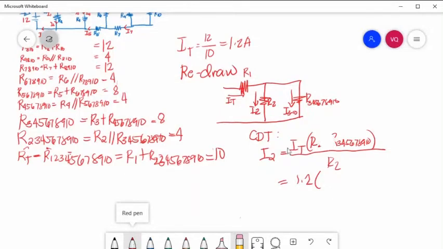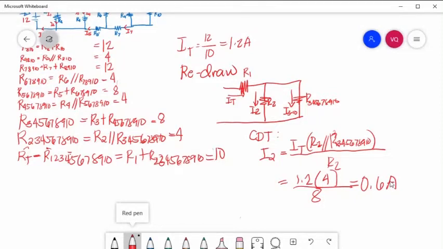Sorry. So this is R2 in parallel with R3, 4, 5, 6, 7, 8, 9, 10. So 4 divided by 8, equal to 0.6 amperes.